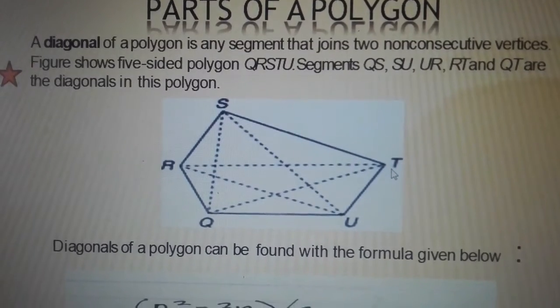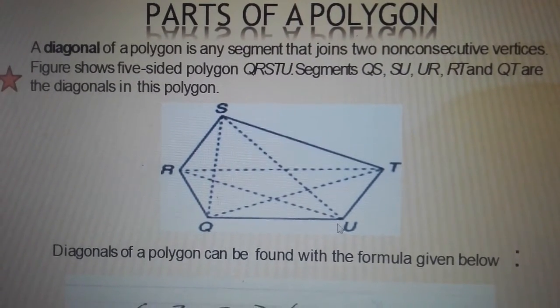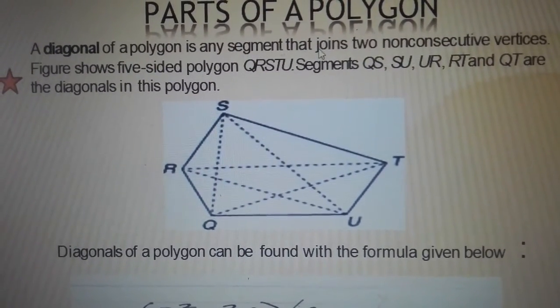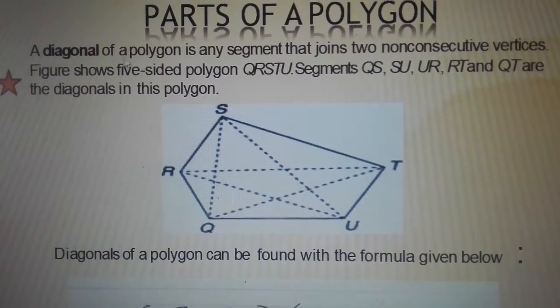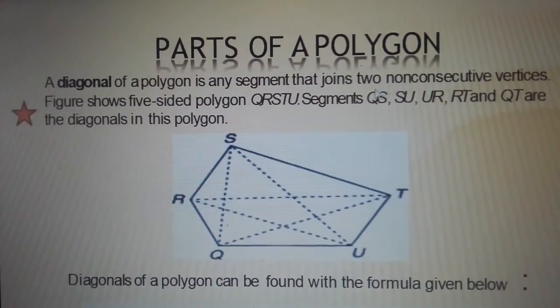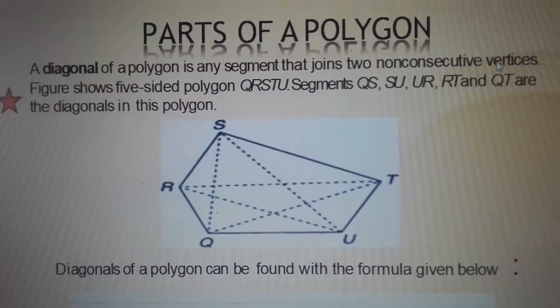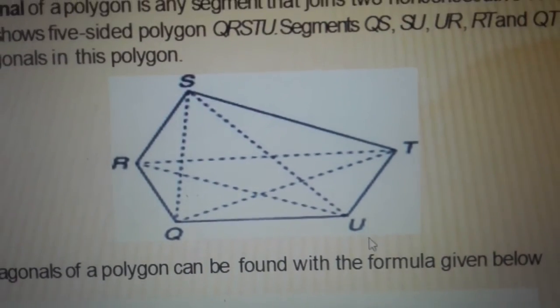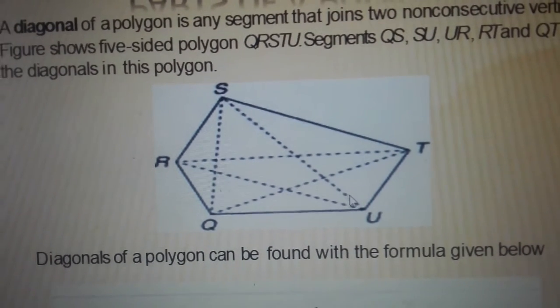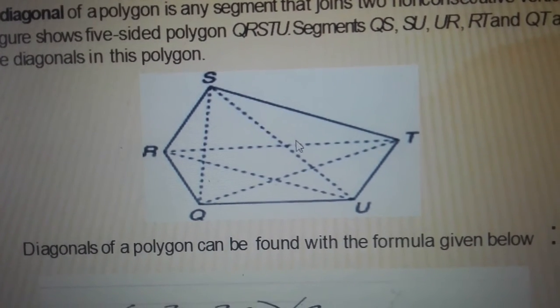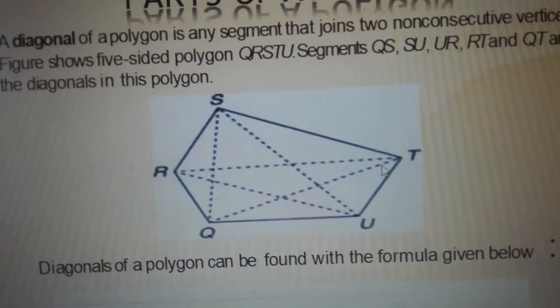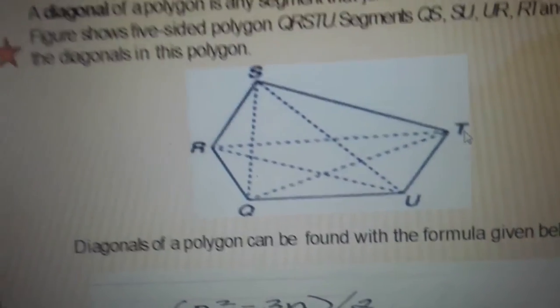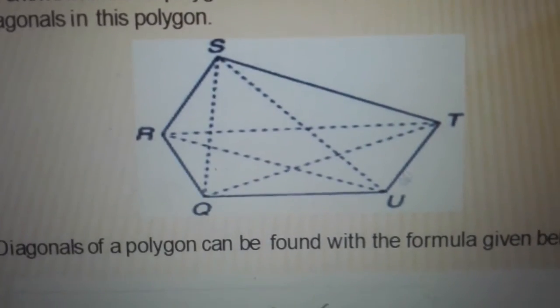S and T, and T and U are consecutive. But a diagonal joins two non-consecutive vertices. Look here, S and U, this is one diagonal. T is not there. So SU is one diagonal.